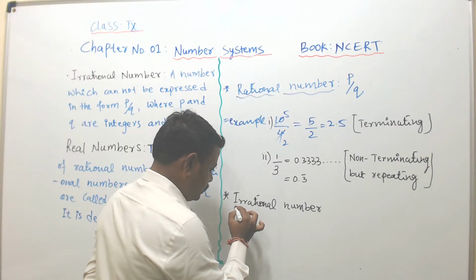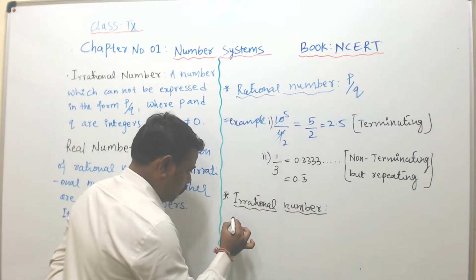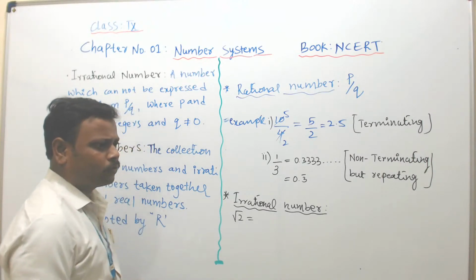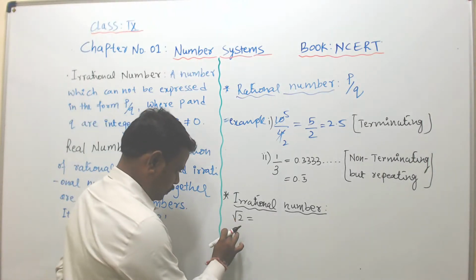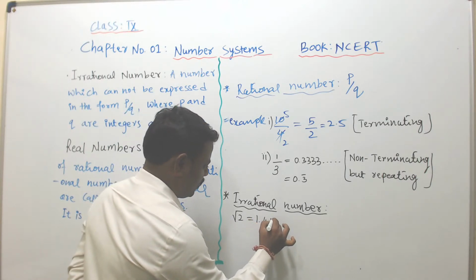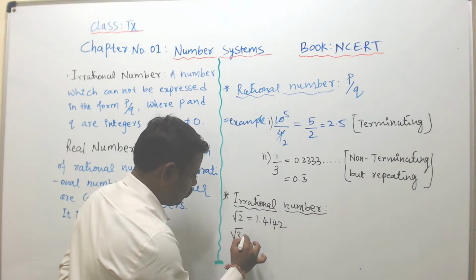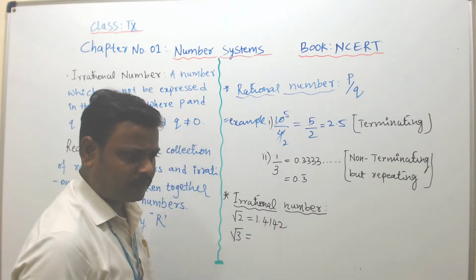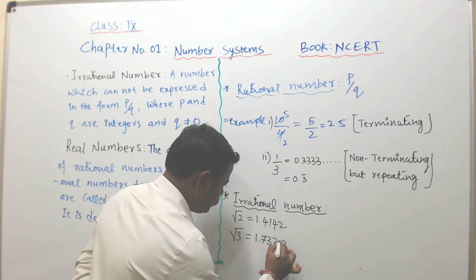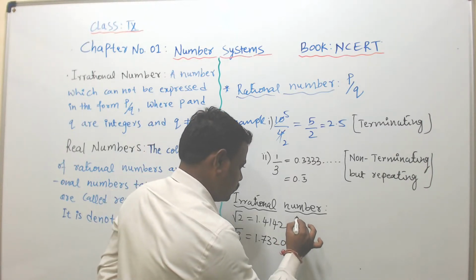Listen, in this irrational number, I will consider root 2. So what will we get? Root 2 value is like 1.41 something. And root 3 is equal to 1.7320, you can divide up to 4 decimal places. So what do we call these?